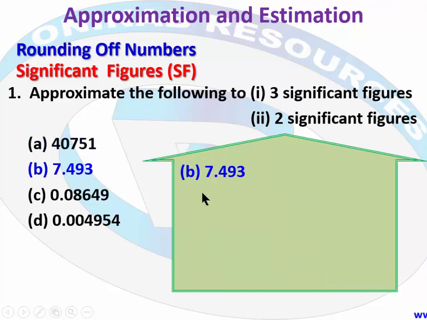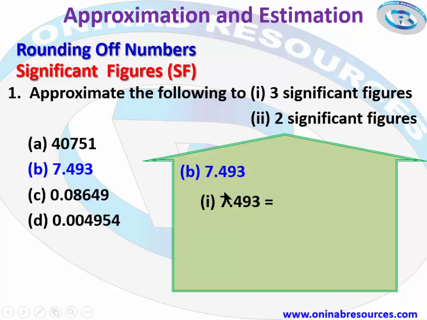For B, the first part is 3 significant figures. We're interested in 7, 4, and 9. And the next digit is not up to 5, so we are rounding it down, which means it has no effect on 7.49.